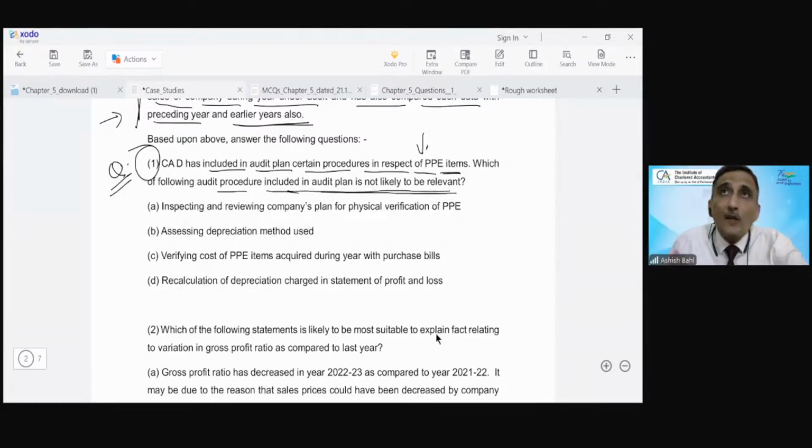Which of the following is not likely to be a relevant audit procedure? It can be that all four are relevant audit procedures generally, but in the situation given, in the data given, one of the procedures is not relevant. Which one is that procedure?